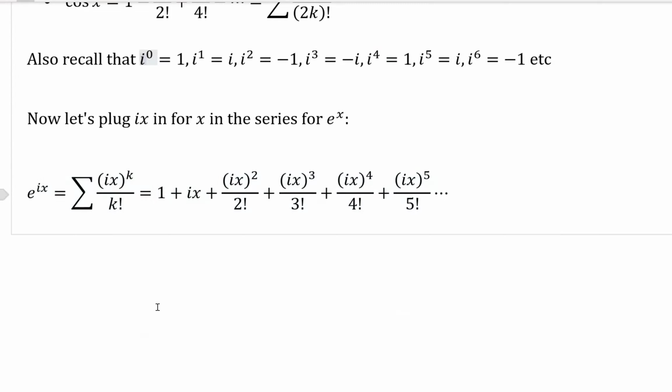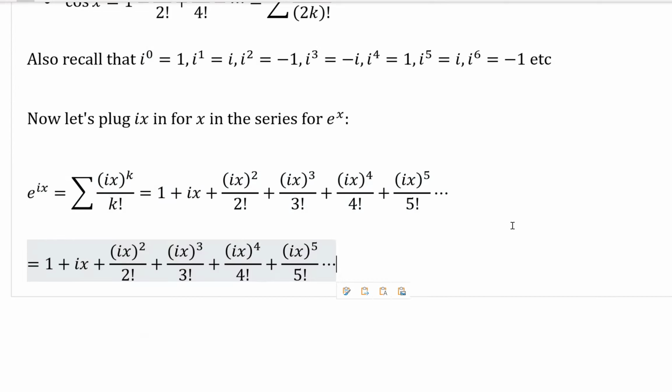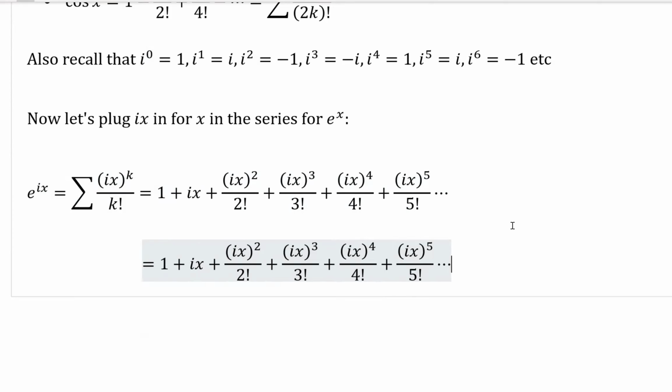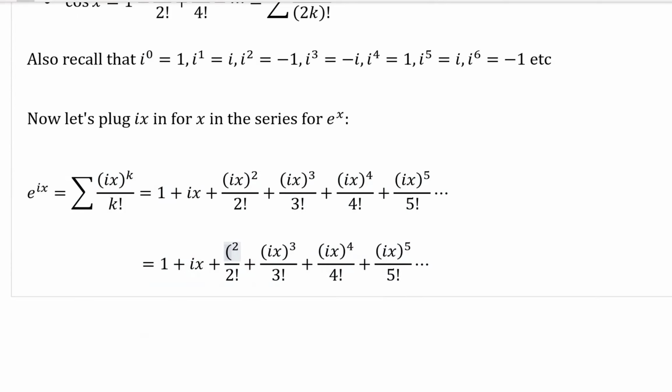use these facts about powers of i. So this should be the same as, well, the first one will have an ix squared. Sorry, excuse me, i squared x squared.